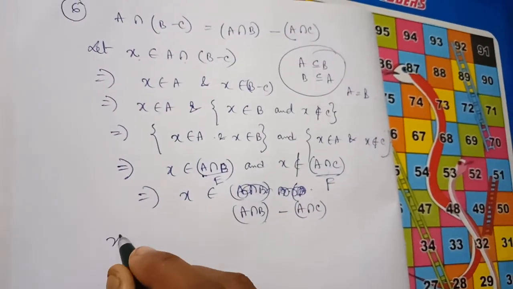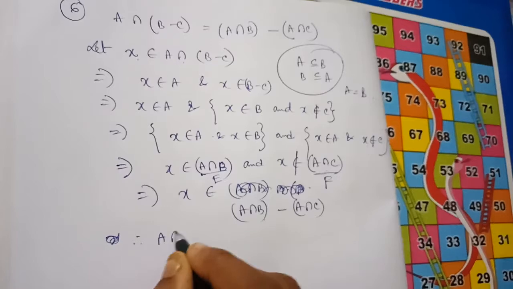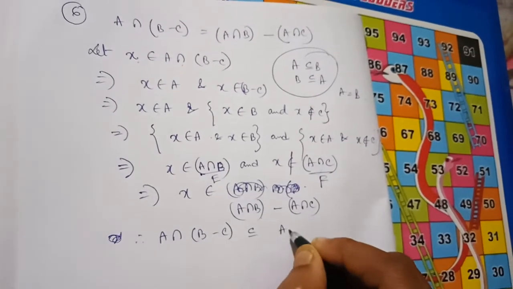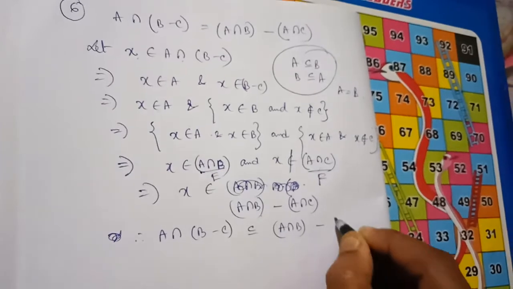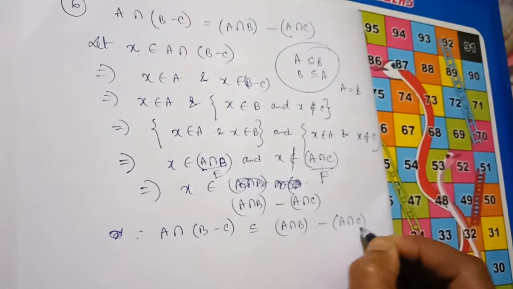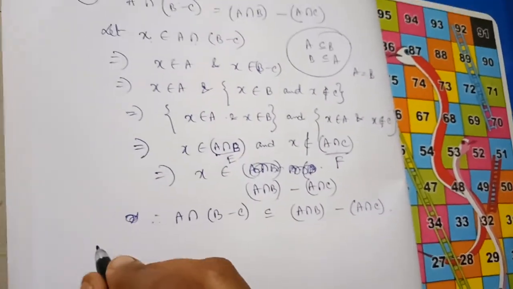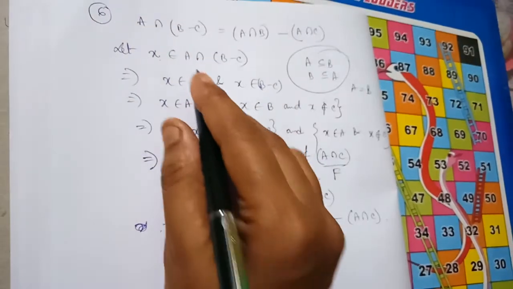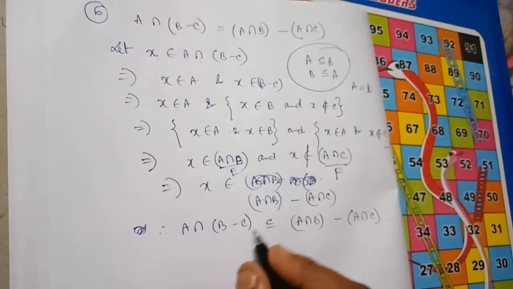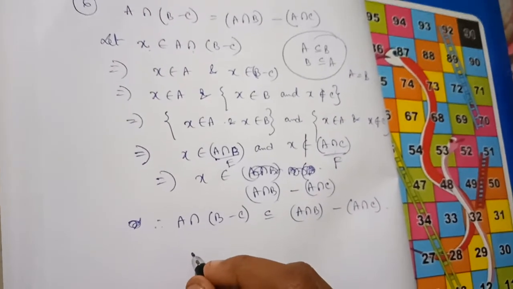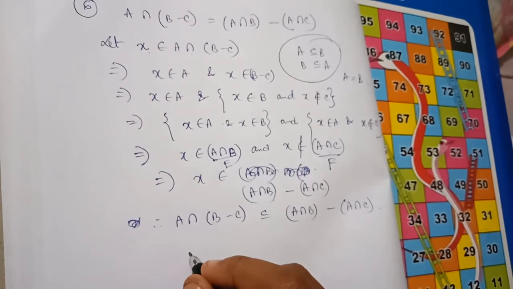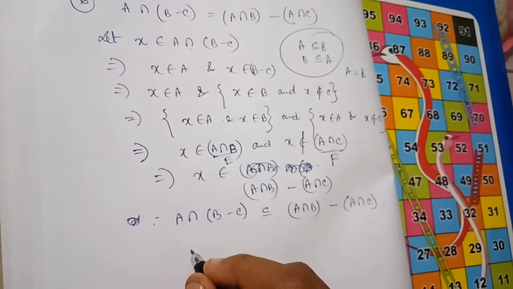So we started with this and we ended up with this. Therefore A intersection (B minus C) is a subset of (A intersection B) minus (A intersection C). Similarly, the opposite part we can prove in the same way, and that will be your homework, like number 1, 2, 3, 4. These 4 properties also will be your homework.